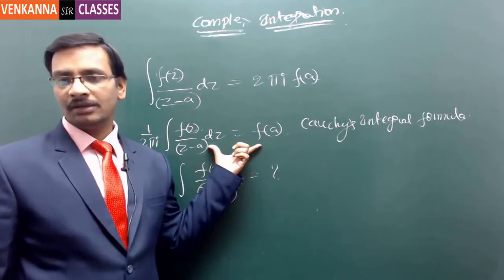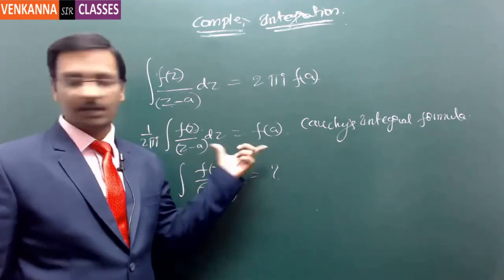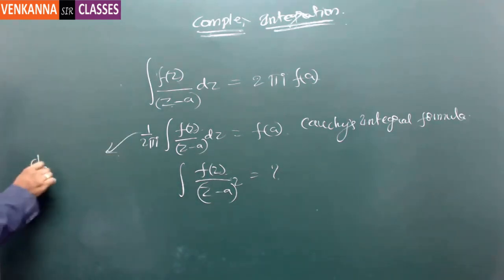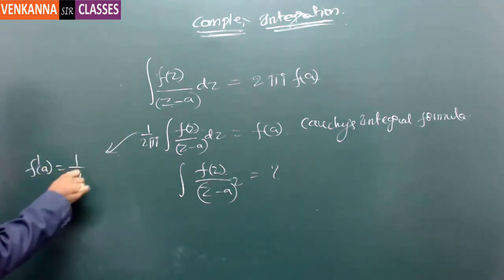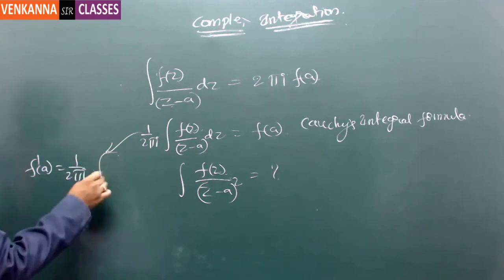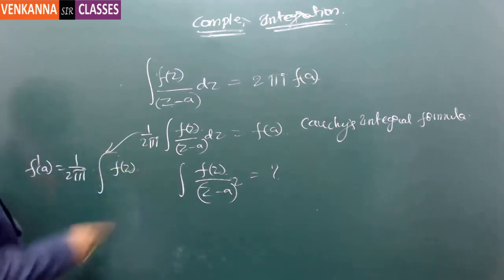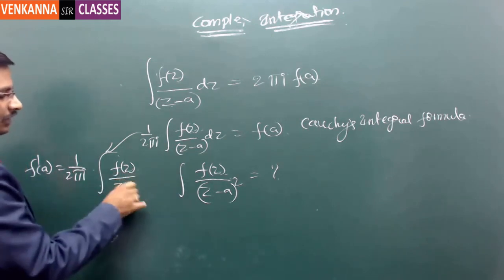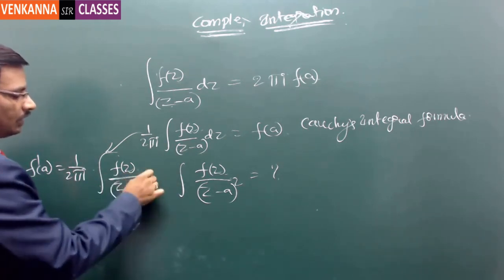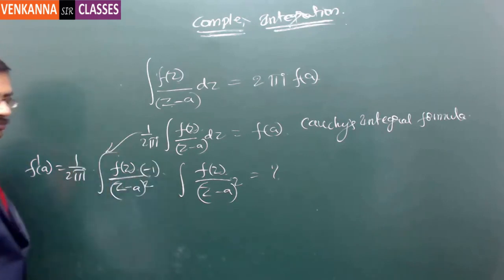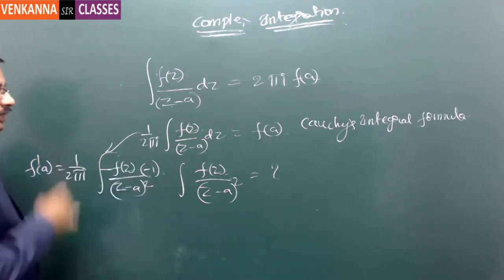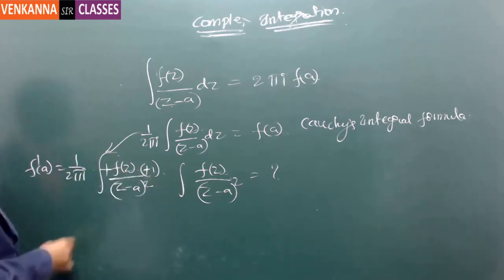Then the derivative f dash of a is equal to 1 by 2 pi i times the integral of f of z, which is constant because we are taking the partial derivative with respect to a, divided by z minus a whole square into minus 1. Minus into minus, so this minus will cancel out.